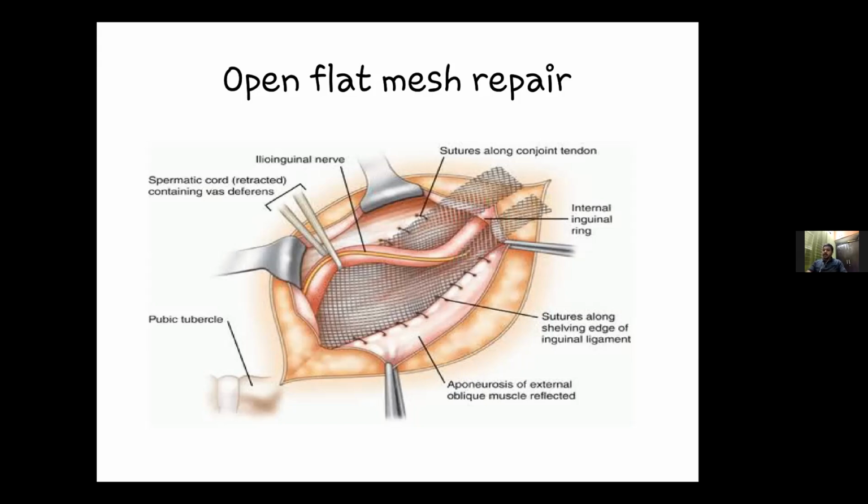At the deep inguinal ring, the mesh is dissected and placed around the spermatic cord. This is Lichtenstein mesh repair. The advantage of Lichtenstein mesh repair compared to the open suture technique is that it has a very low recurrence rate, and it has a speedy recovery process.